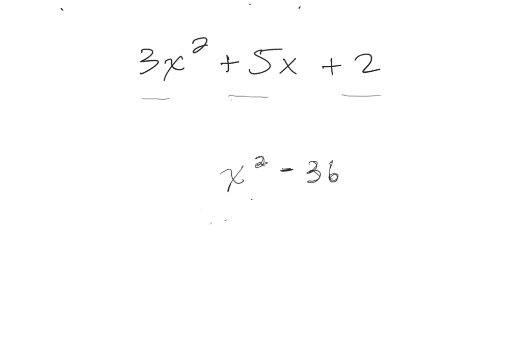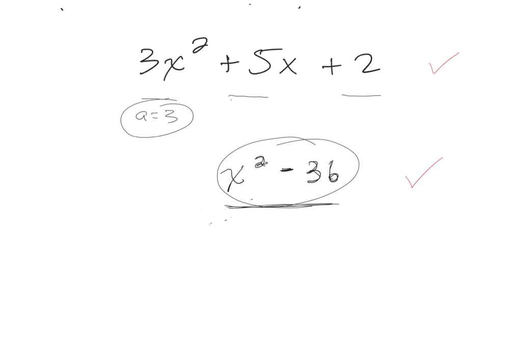How do we factor that? Because a is equal to 3, you're not going to have parentheses x times parentheses x. It's a little bit different. We're going to get into that. And also, this is another trinomial, even though there are two terms, because b is equal to 0. This one is a difference of squares, and we're going to go over that as well. So these are two different types of problems we didn't do in this video, but we'll do in the next video.